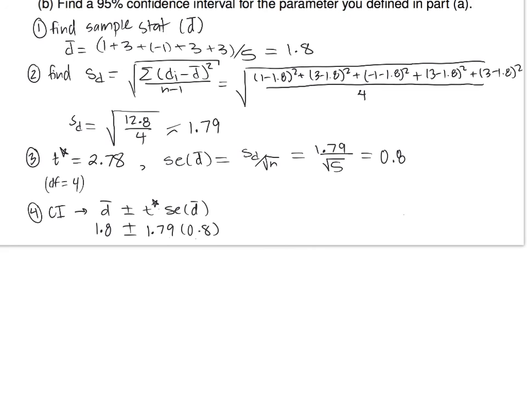Well, 2.78 times 0.8 is about 2.22... 1.8 minus 1.43 is 0.37 to 1.8 plus 1.43 is about 3.23.